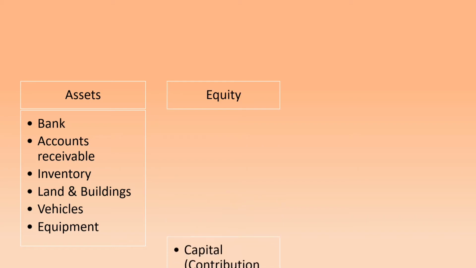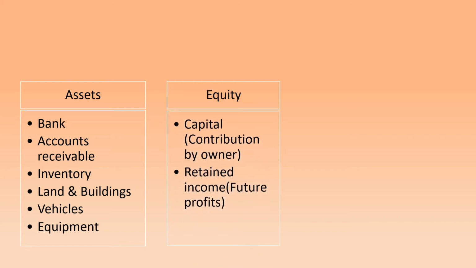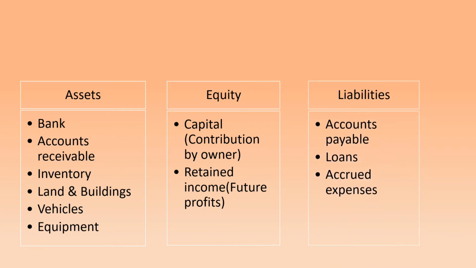Equity is made up of capital, which is a contribution by the owner, and retained income, which can be described as profits held for future use. And finally, liabilities are made up of accounts payable, loans, and accrued expenses.